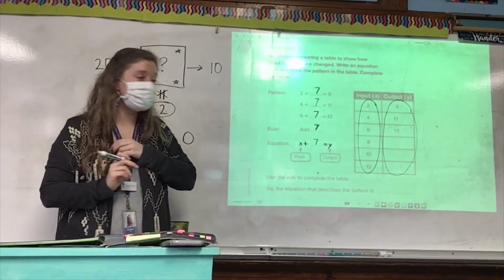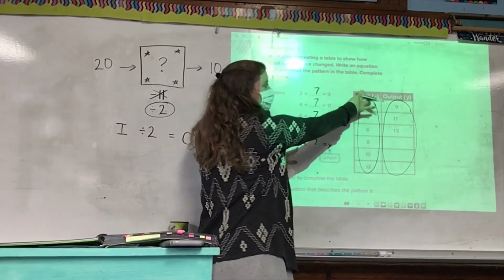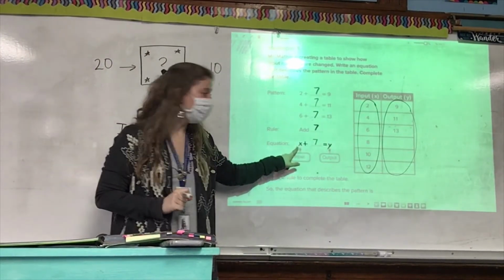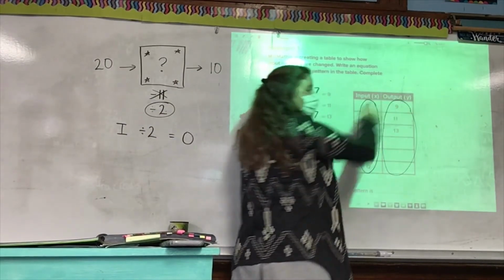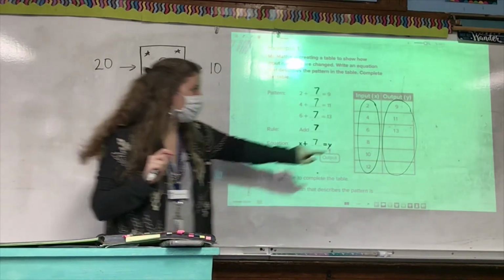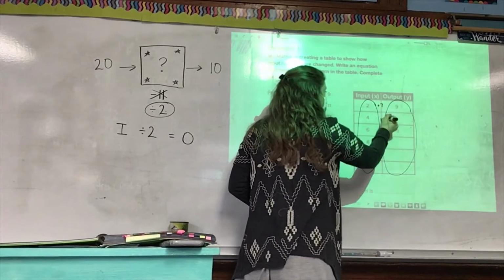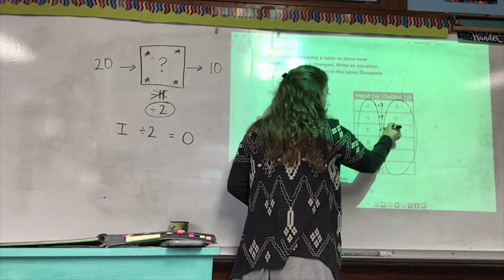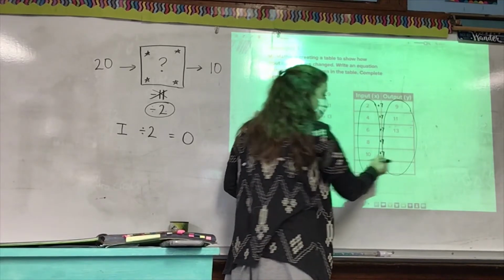So does everybody see how the x represents all of these numbers in this input column? And the y is going to represent all of these numbers in the output column. Does everybody see that?